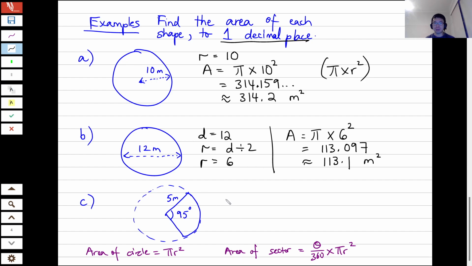Alright, last example. Here we are told that the radius is 5 meters and the angle, theta, is 95 degrees. And now I can use this formula for the area of a sector. It is going to be 95 divided by 360 times pi times 5 squared. All I've done is I've substituted the values for theta and r that I was given in the question.